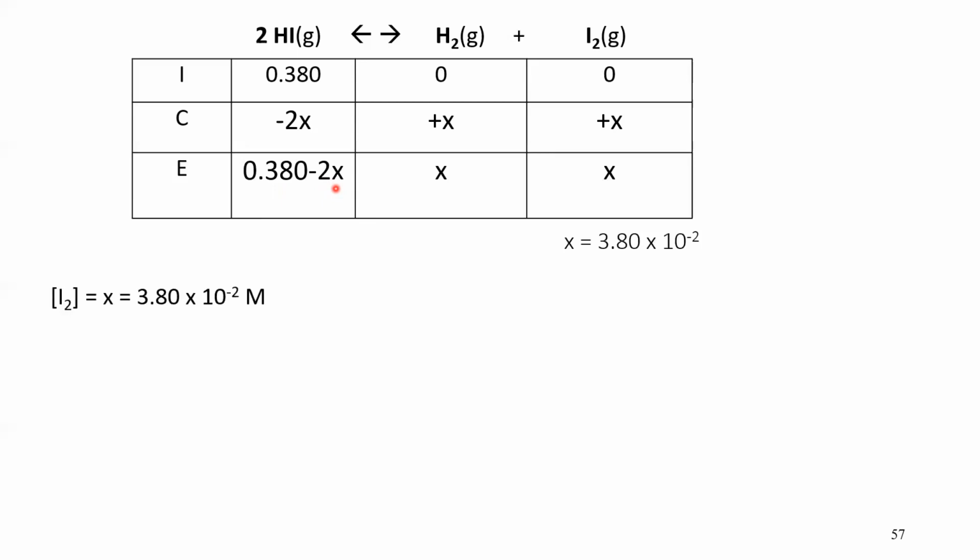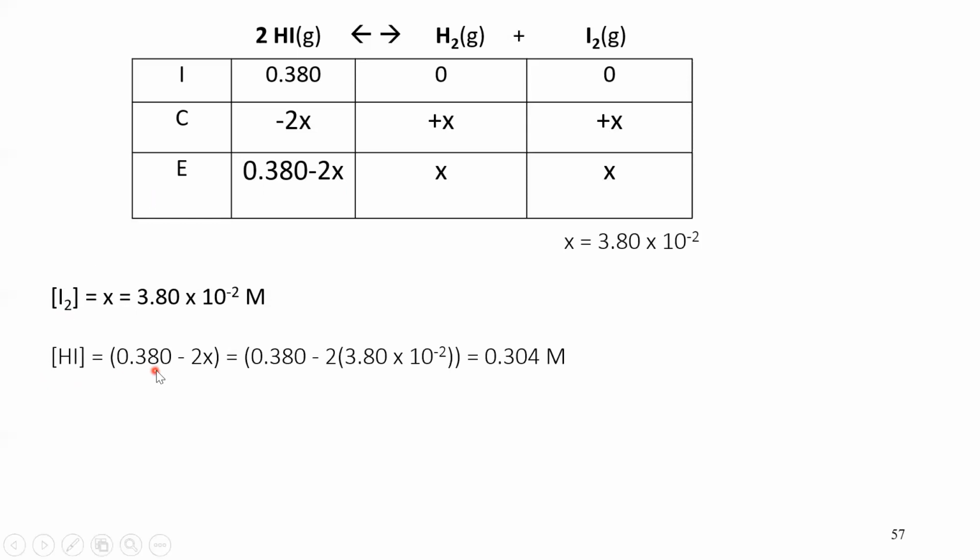So it tells us that iodine is 3.80 times 10 to the minus 2. The hydrogen iodide is going to be 0.380 minus 2x. This 2x came from the stoichiometry in the balanced equation.